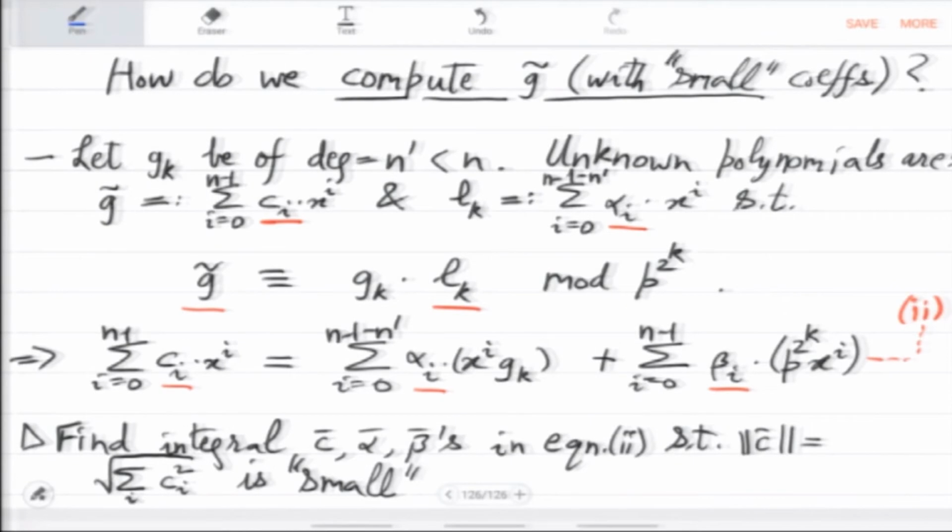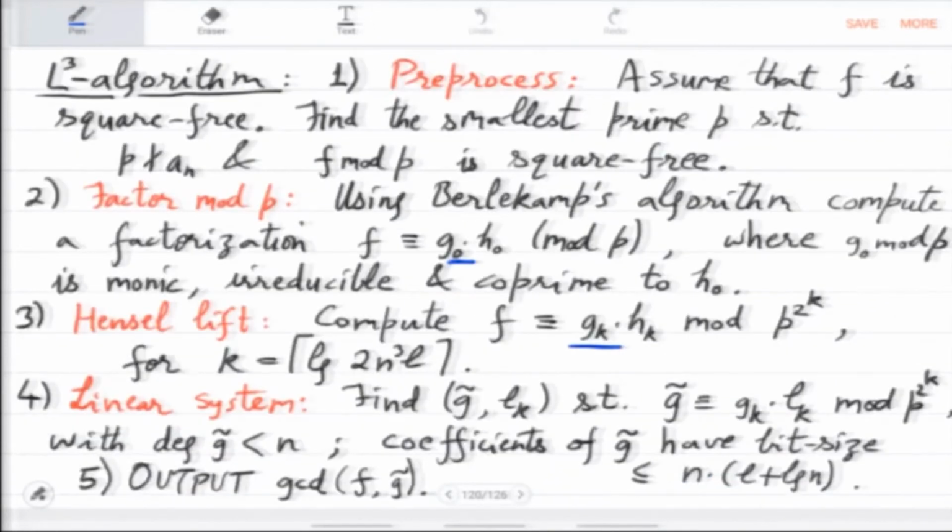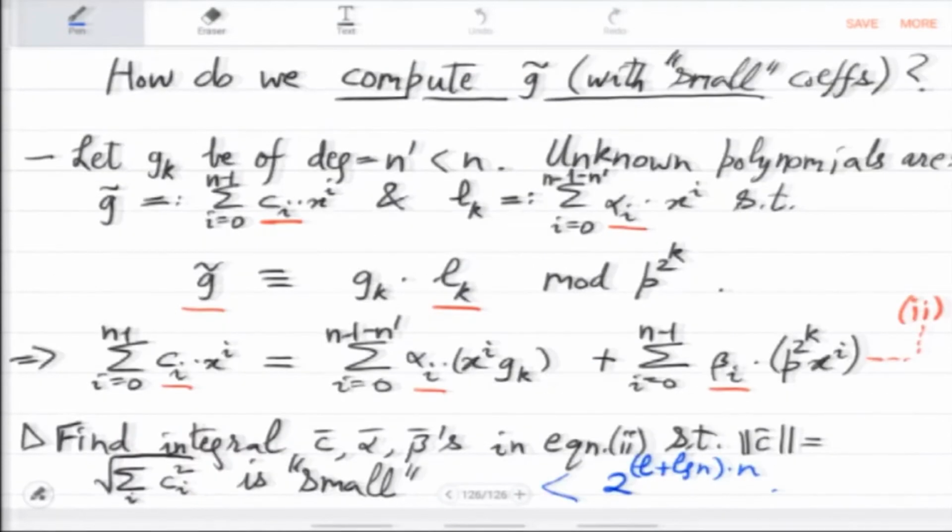How small? Well, so step 4 said it should be smaller than 2 raised to L plus log n times n. In step 4, what did we have? The coefficients have bit size n times L plus log n. Okay. So now I am replacing it by a slightly better condition because I know that such a C bar exists, right?